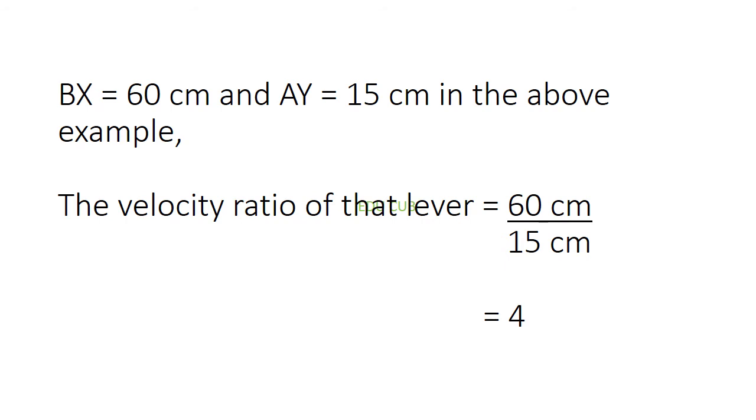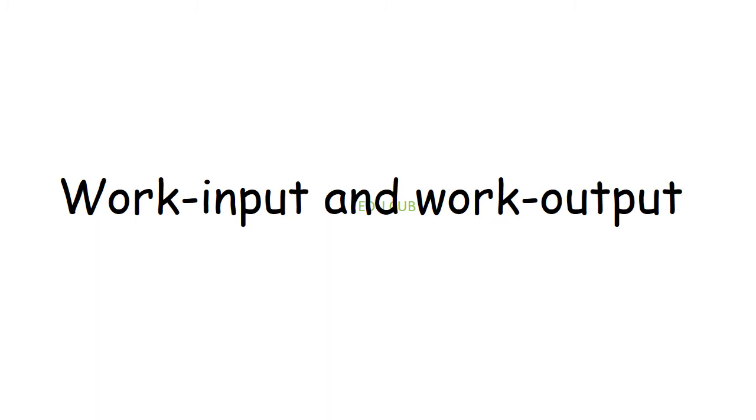In the above activity, BX is 60 cm and AY is 15 cm. So, we can calculate velocity ratio by dividing displacement of effort by the displacement of load. 60 divided by 15, answer is 4. Velocity ratio is 4.